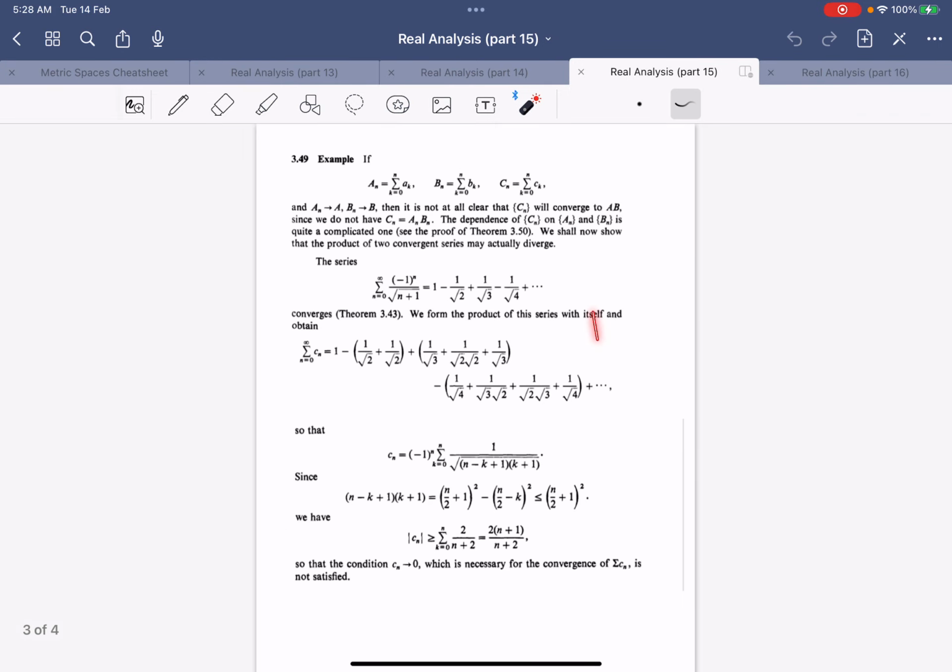And if it doesn't, then you have this example to show that it might diverge.